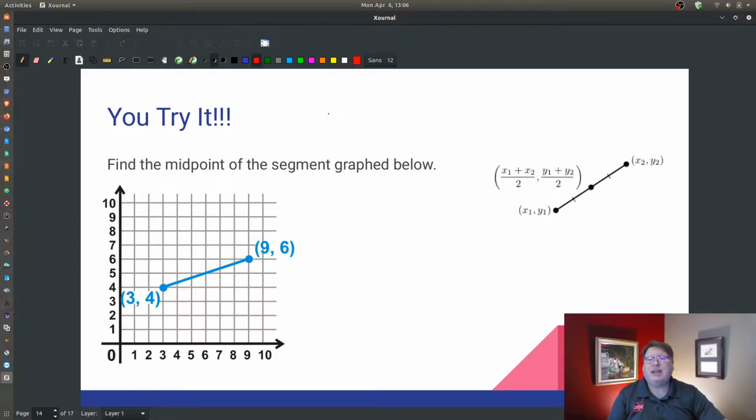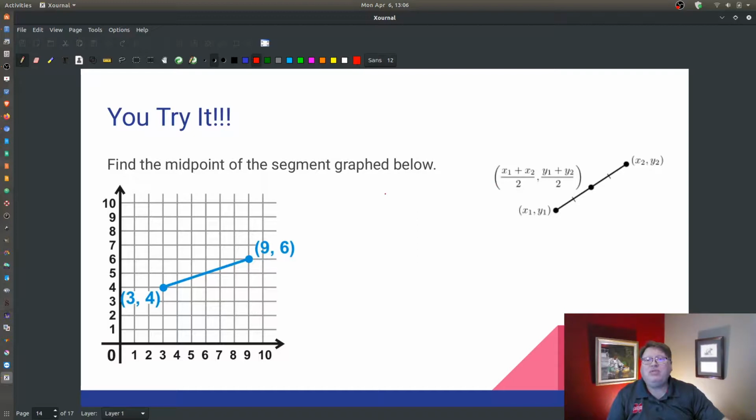Alright guys, welcome back. I hope you were successful in finding the midpoint. We are going to look at this, and I hope you did the work. I'm not going to redo the work, but I am going to show you how to use slope to count over. Okay?